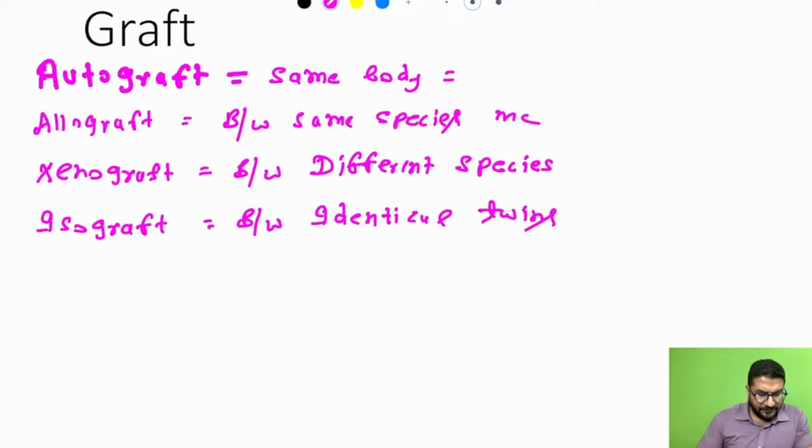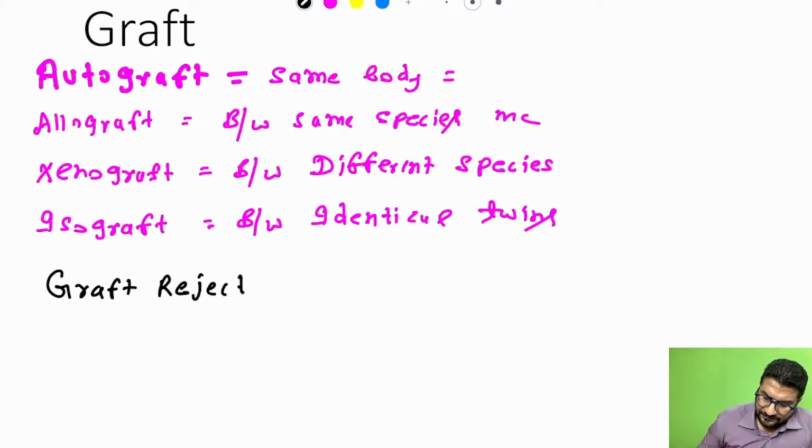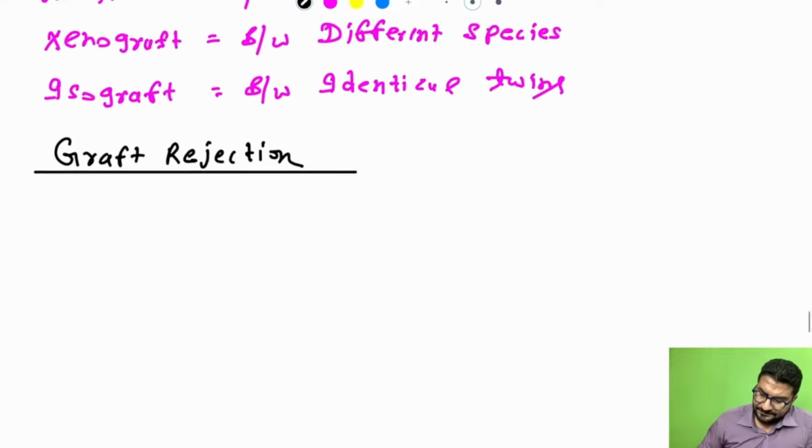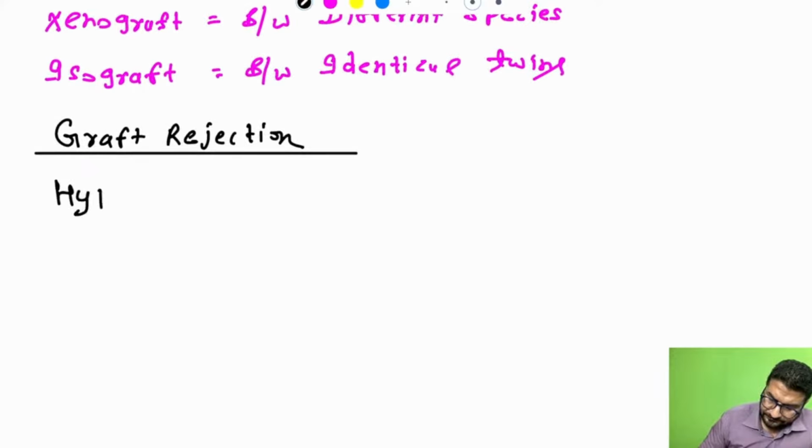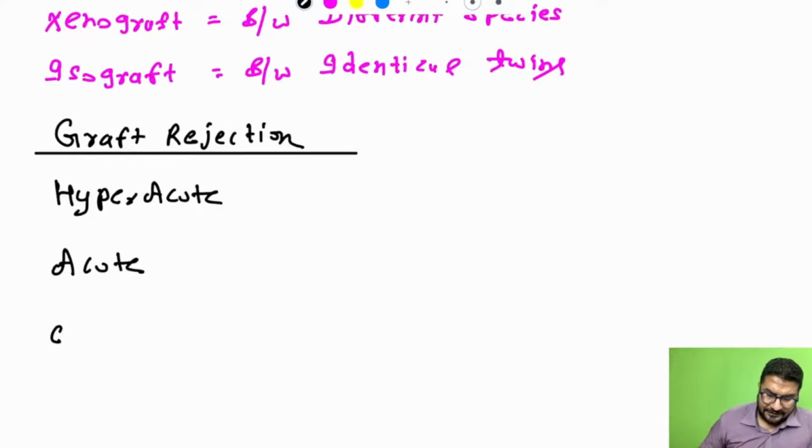So these are the different types of graft, right? Now they ask you questions in exam on graft rejection. आपसे क्वेश्चन पूछते हैं ग्राफ्ट रिजेक्शन से. Graft rejection could be hyperacute, acute, or chronic.